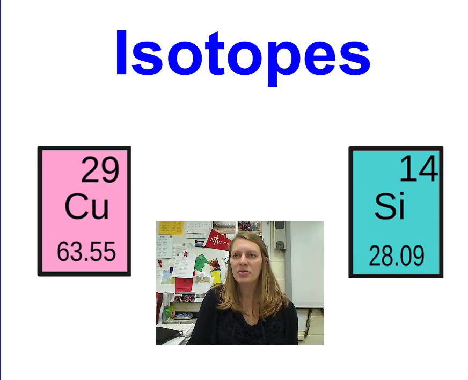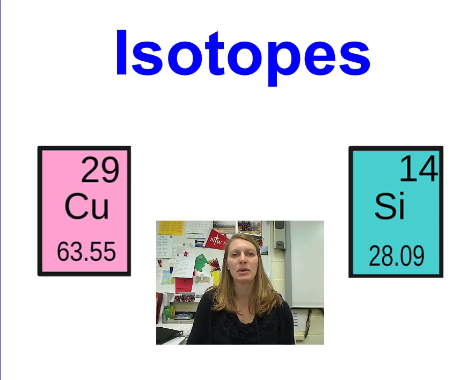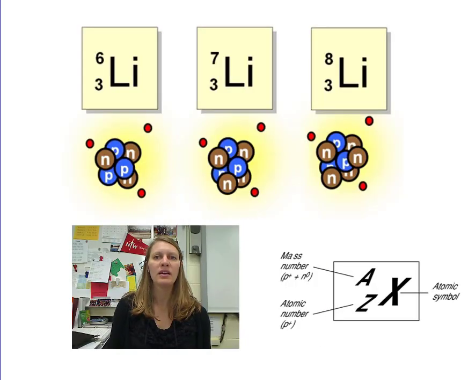So as we look through the topic today, you're going to learn about isotopes. You're going to be able to answer that question, and we're also going to be able to know more about isotope notation. If you look here at the example I have of lithium, you can see that we have 3 different lithium atoms. And they're drawn out here along with their isotope notations.